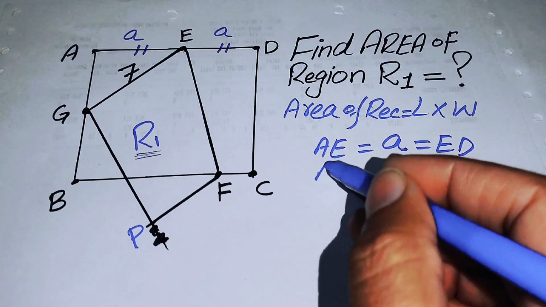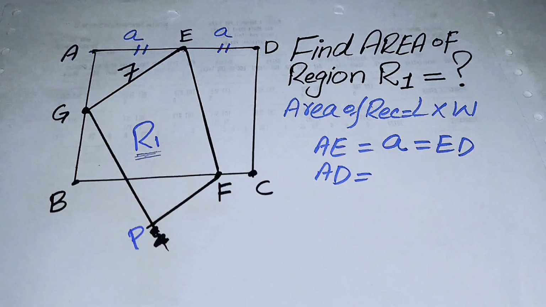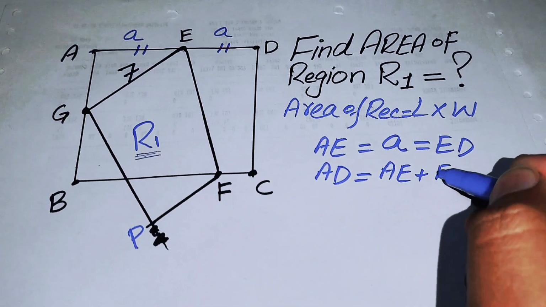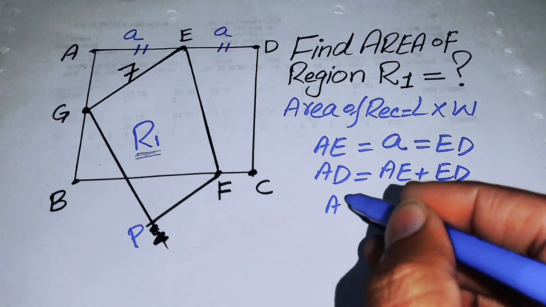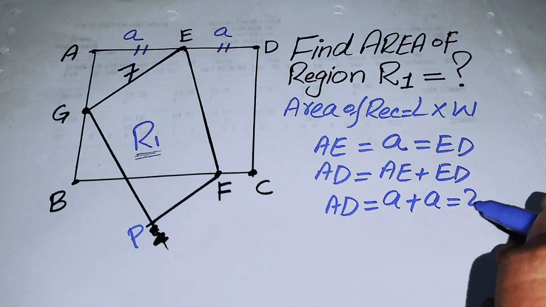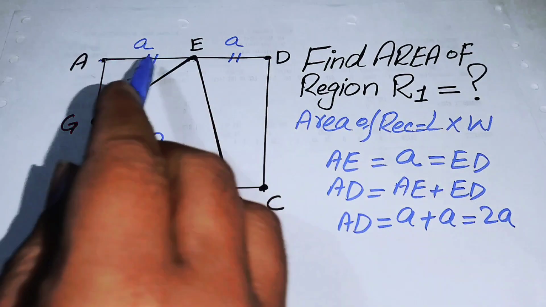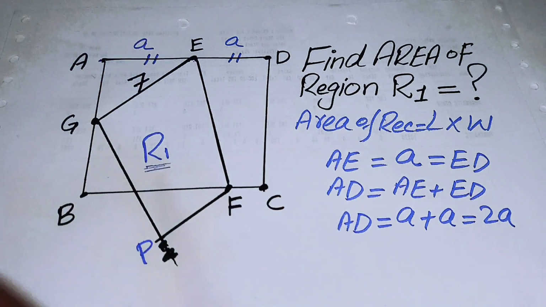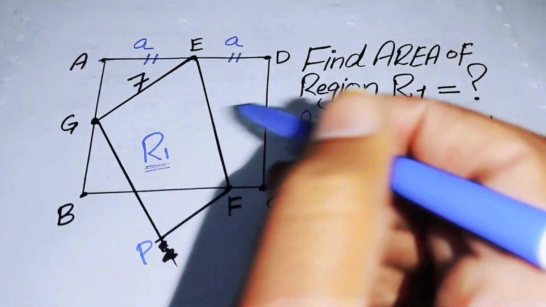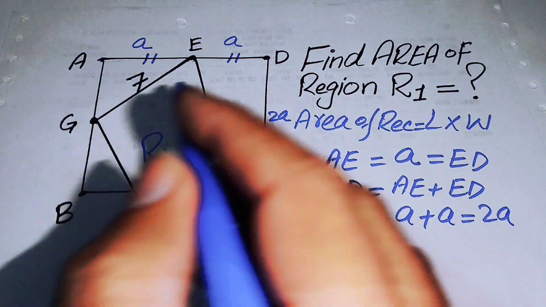So our total length AD is equal to the length of AE plus the length of ED, which is a plus a equals 2a. Because this is a square, if this length is 2a, then this length is also 2a.